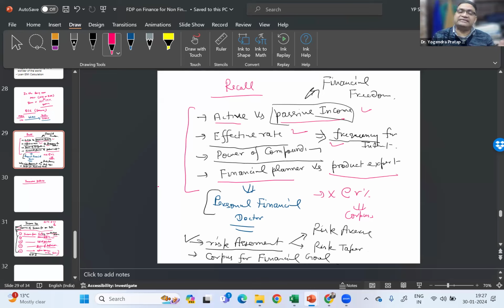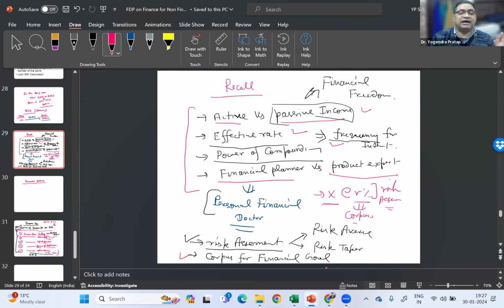So once the financial planner has done the risk assessment, calculated the corpus for the financial goal, and based on your risk appetite, he will suggest you invest X amount at the rate of this. This rate is based on the risk assessment, how much risk you can afford.